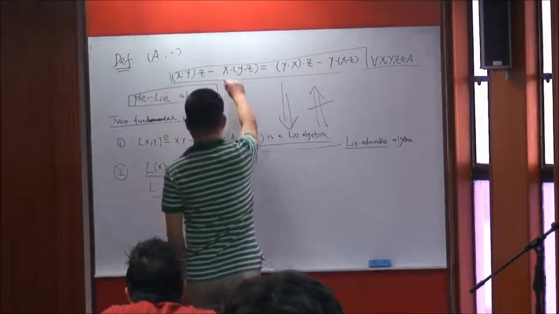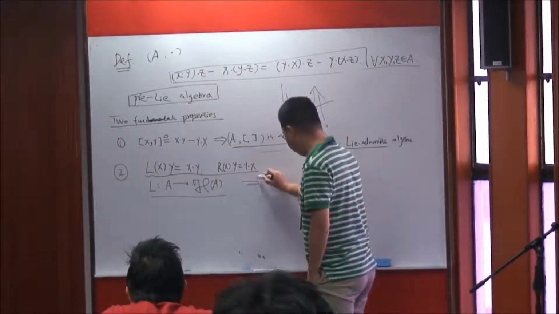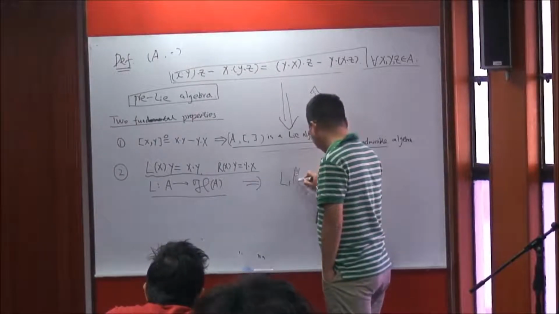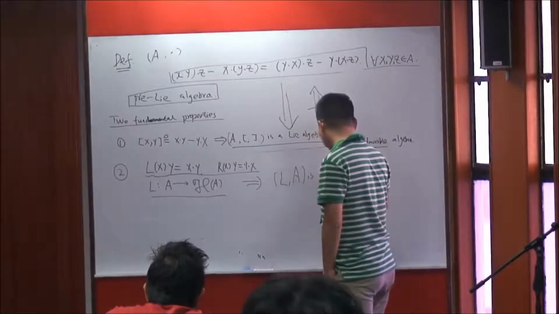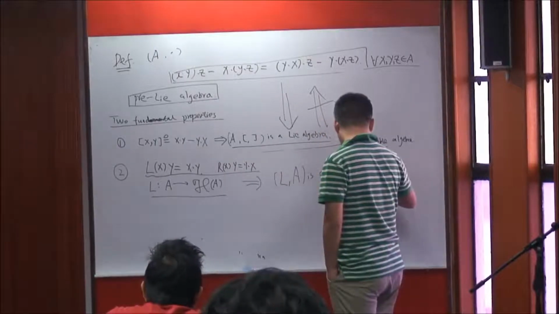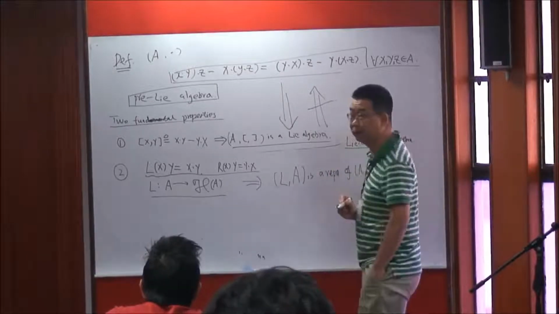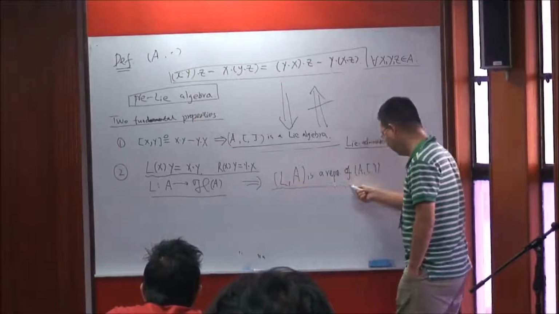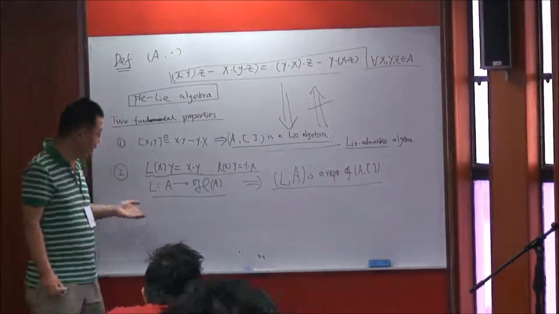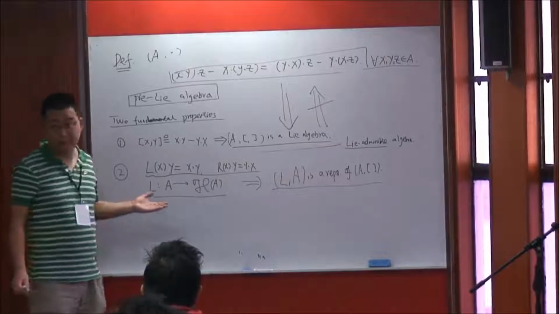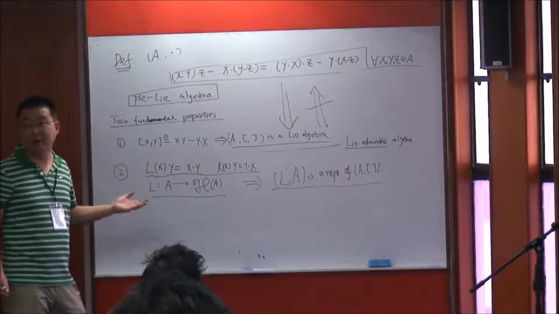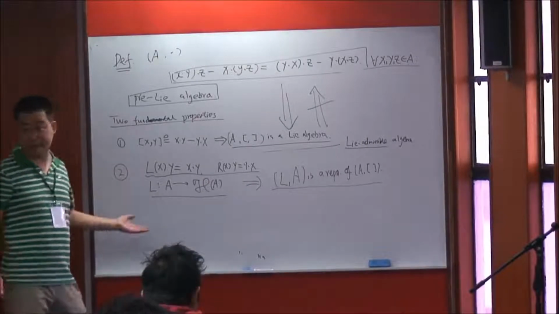And this condition implies that L is a representation of the Lie algebra A. That means for a given pre-Lie algebra, the left multiplication operator defines a representation of the commutator algebra.